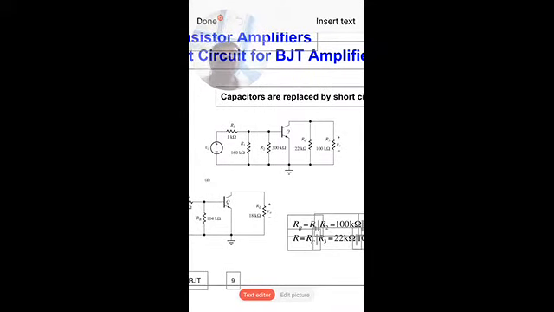Here R1 R2 will become parallel, both connected from base to the emitter terminal, and RC is from collector to the ground.